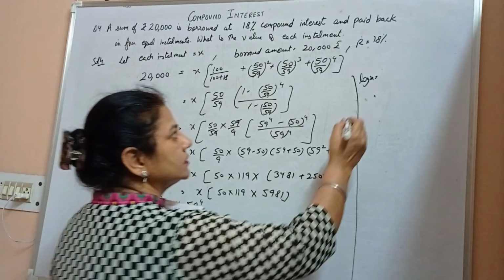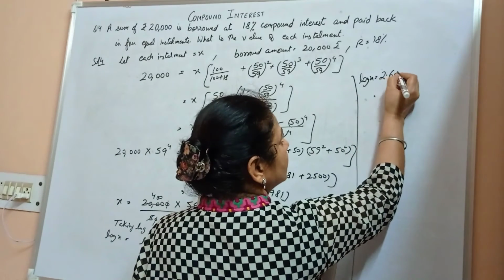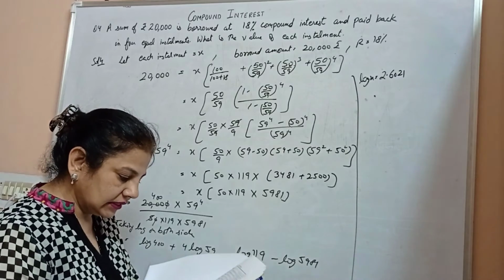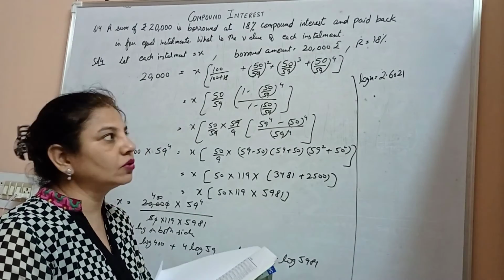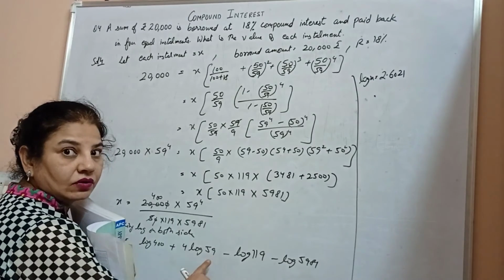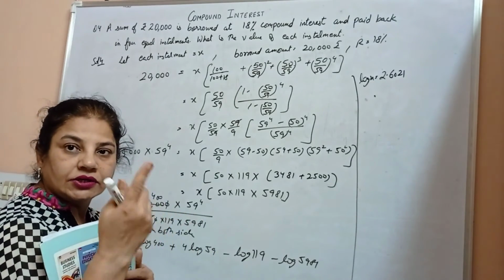I will write 2.6021, because 40 down to 0 gives us the result 6021.